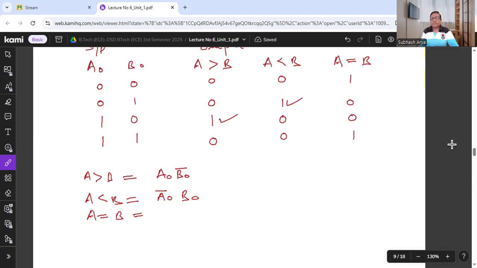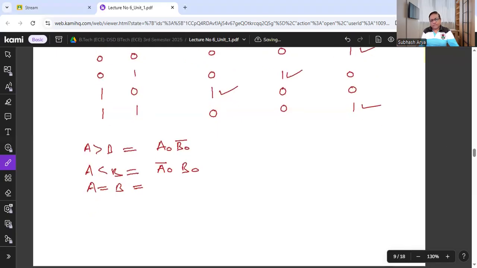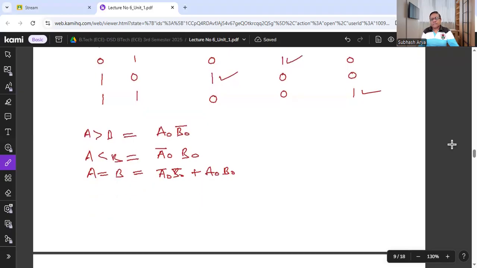We have two terms where A is equal to B: when A bar, B bar, and A, B. So A0 bar, B0 bar plus A0, B0.